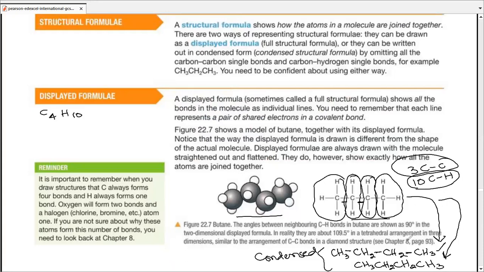Make sense? Okay. It's important to remember when you draw structures that carbon always forms 4 bonds, hydrogen always forms 1 bond, oxygen forms 2, and any of the halogens such as chlorine, bromine, iodine form 1. Nitrogen is going to form 3 bonds.